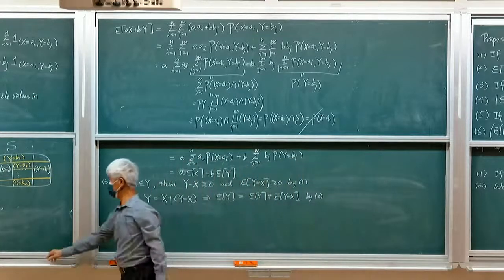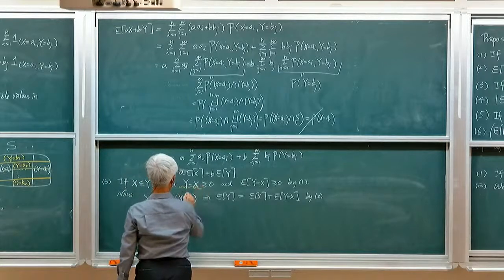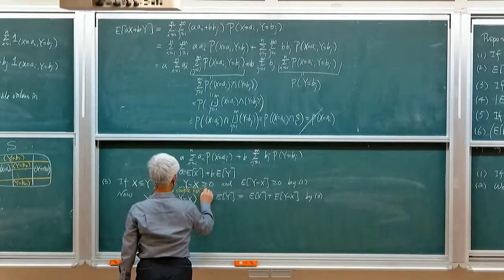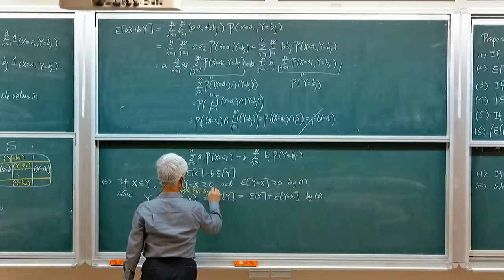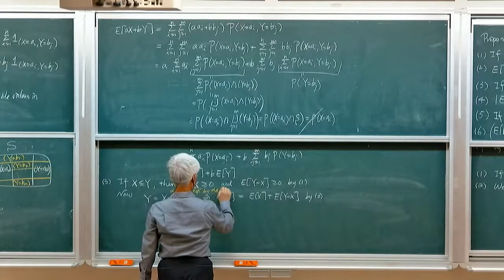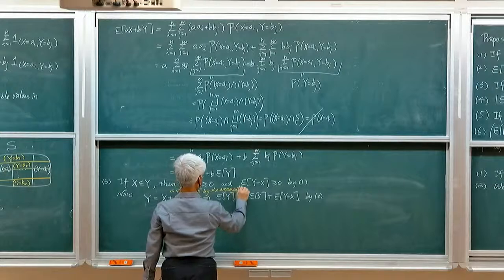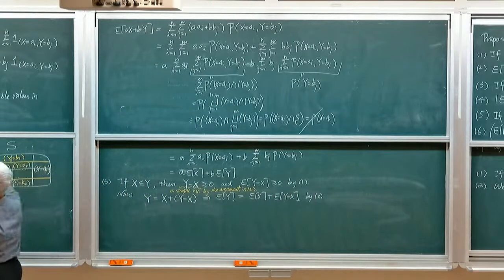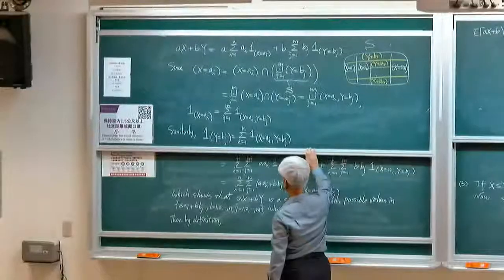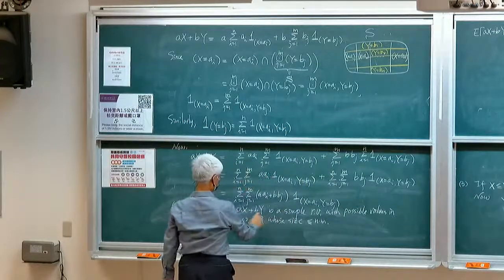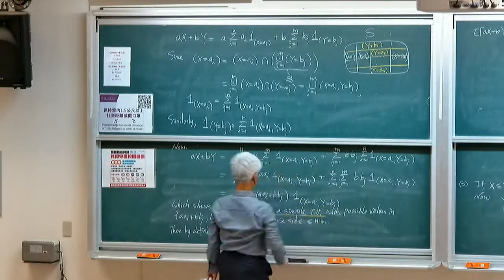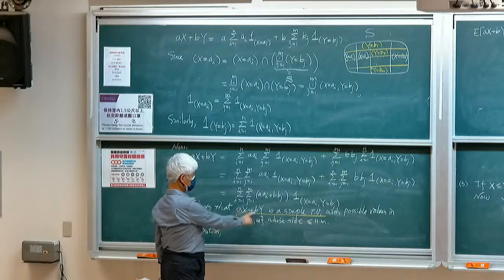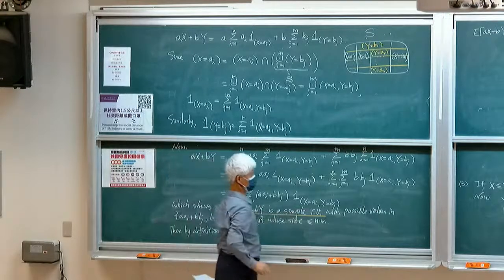I make a remark: in the proof we show any linear combination of two simple random variables is also a simple random variable.